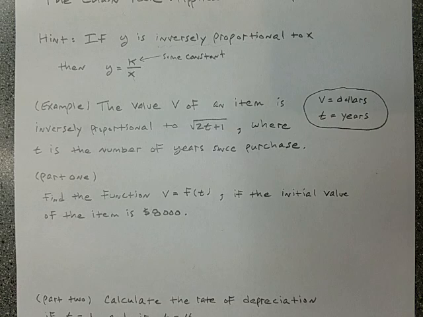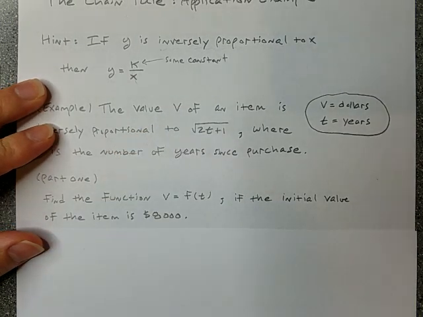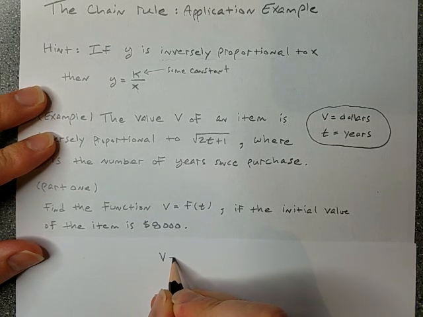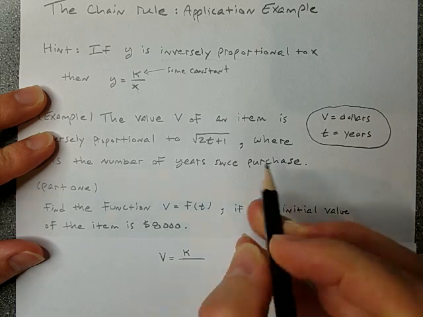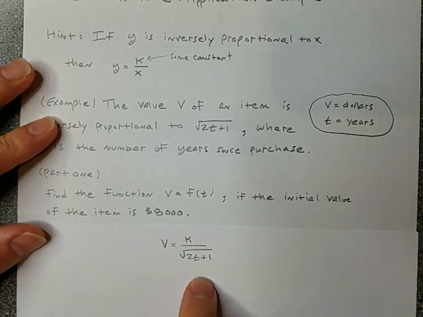Well, so let's do that this way. I have an equation that I think makes the starting point for this. For one thing to be inversely proportional to another, so if you tell me the value v is inversely proportional to this item, root 2t plus 1, then that's the basis for our working equation, all right?